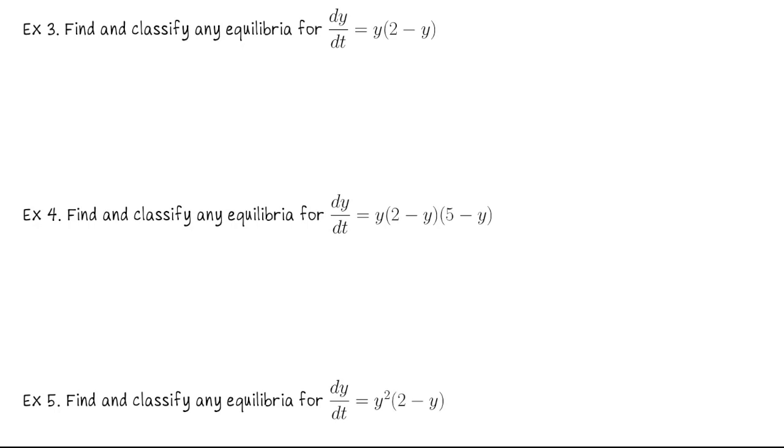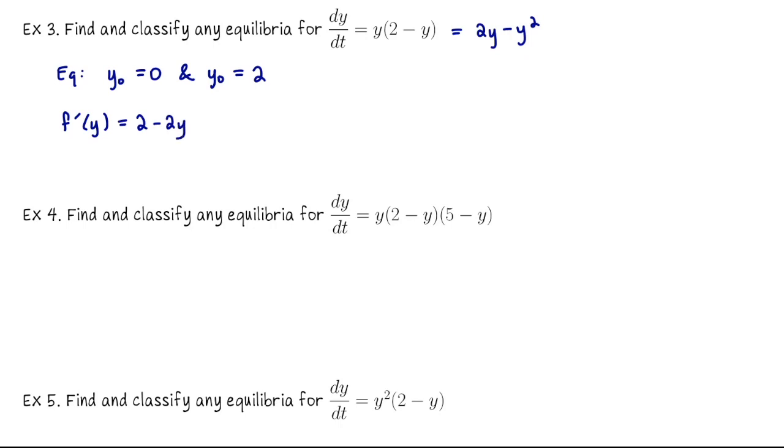Okay, so for this first one, the equilibrium solutions are at 0 and 2. You can read those off just because this is written in nice factored form. To take the derivative, I would rather expand that right-hand side and write this as 2y minus y squared. So then f prime of y is 2 minus 2y.